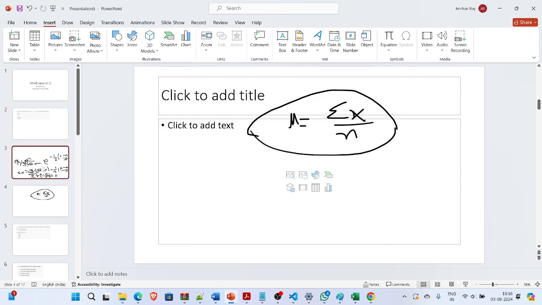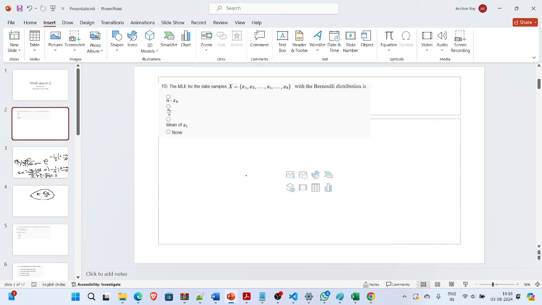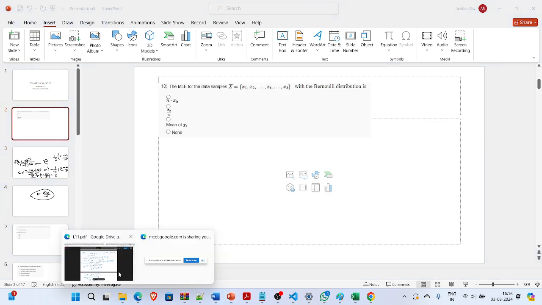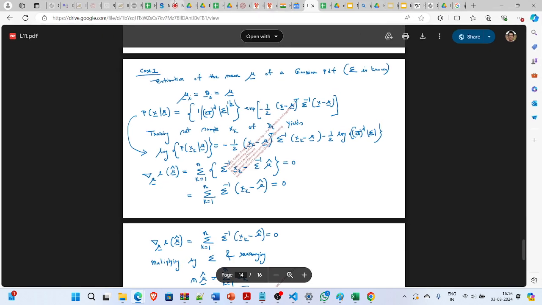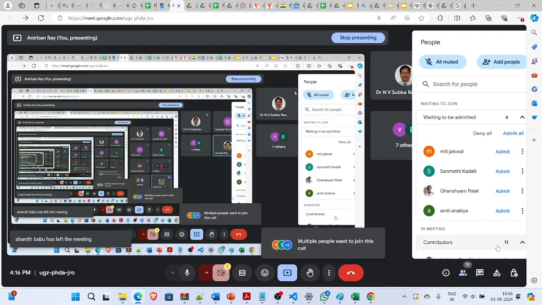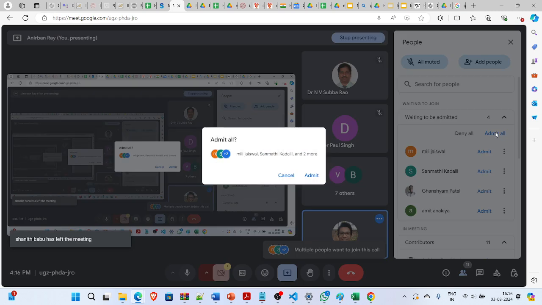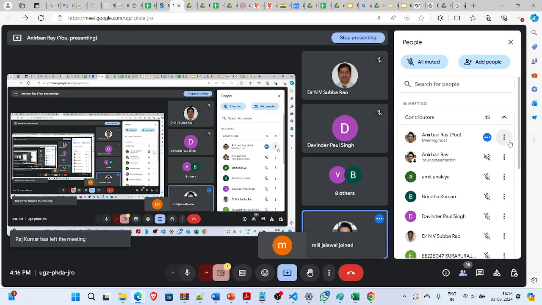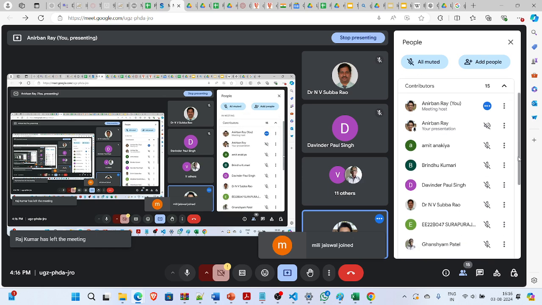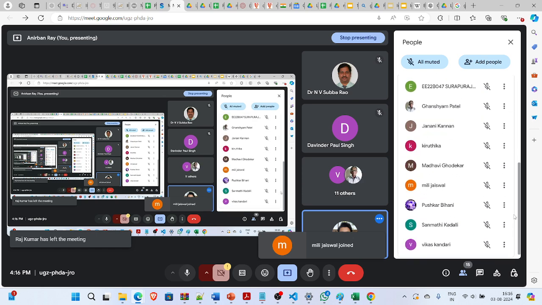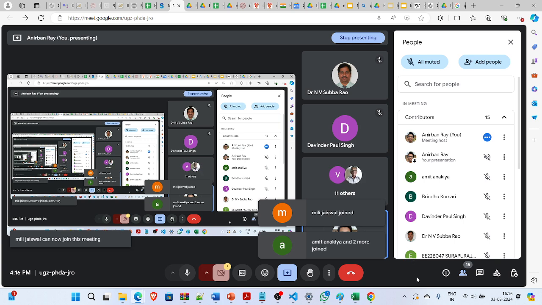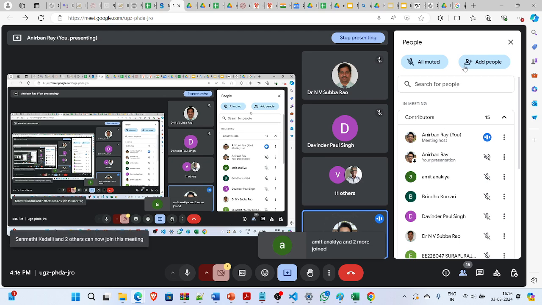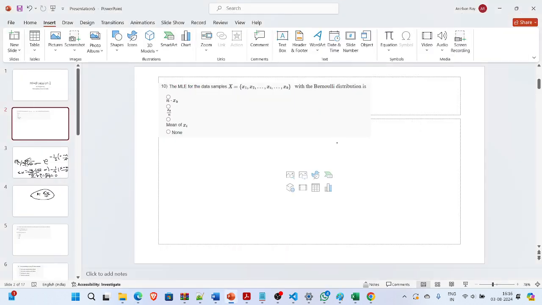So, a little exercise before getting to the question. Anybody has done this question? Hello, anybody has done this one? This question, as you can see, we have to find the MLE.